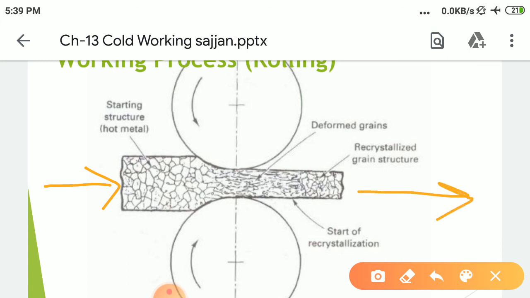So you can see the grain structure here, deformed grain structures are there, and after some time recrystallization is taking place over here because it is going through the change in the microstructure. So recrystallization starts at this point.